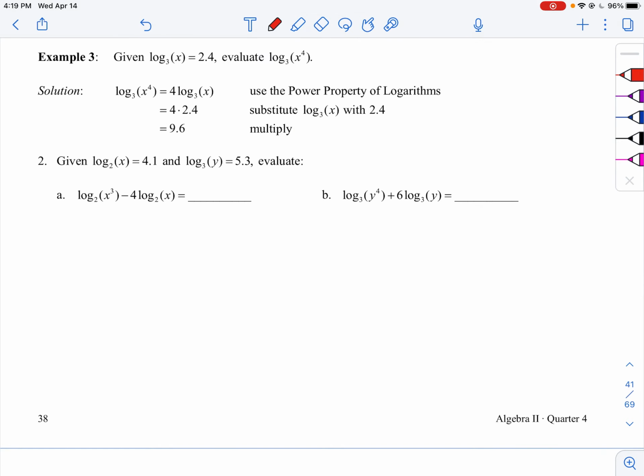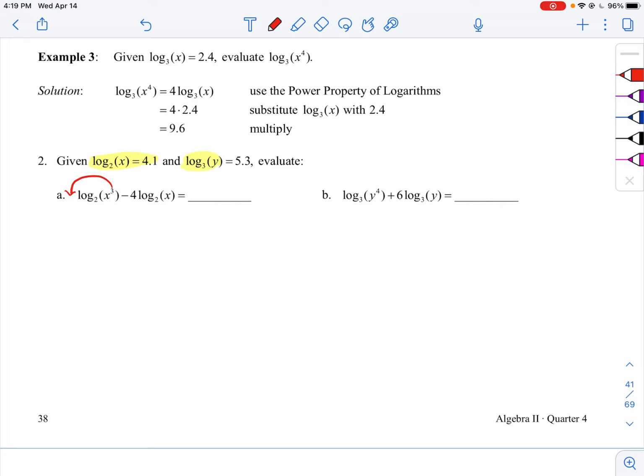We have here, given that log base 2 of x is equal to 4.1 and log base 3 of y is equal to 5.3. So we're going to evaluate this using property number 5 that we have learned. It says that we can take the exponent and put it right in front of the log.